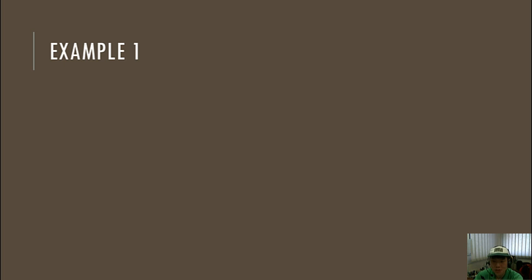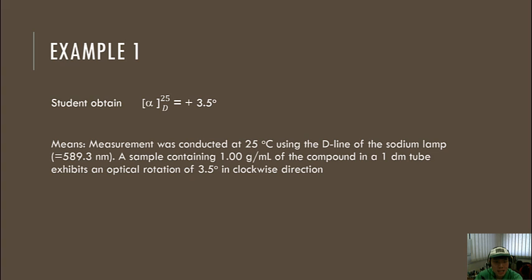Here are some examples for your learning. Suppose a student observes and obtains the following specific optical rotation from his measurement. This is what he has, okay? So how do you denote this? This means that the measurement was conducted at 25 degrees Celsius using the D line. What does the D stand for?